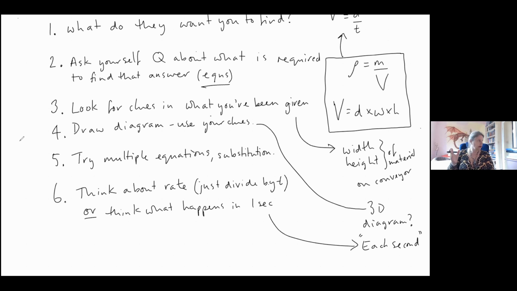If it's a power question, quite often in electrical questions you get electrical power, that is energy per second, so that brings in the time. Current is charge per second, that brings in the time.